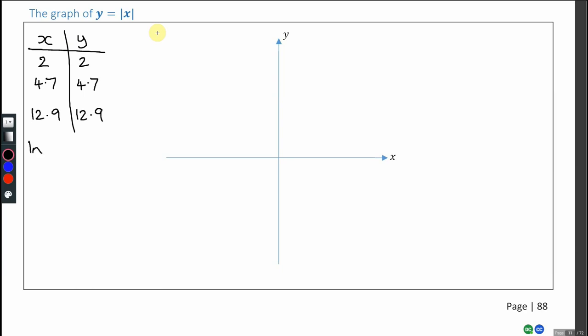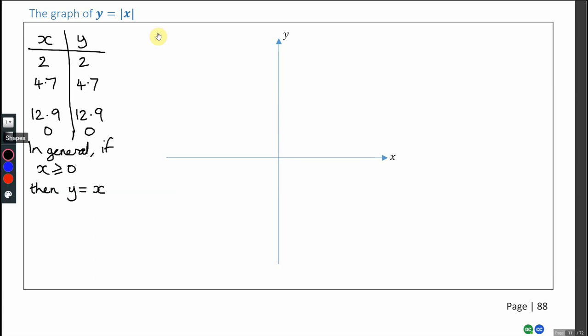So in general, if x is more than or equal to 0, then y and x are the same. As we've seen a couple of times already in this chapter, the modulus of 0 is also 0. So if x is more than or equal to 0, then we have simply y is the same as x.